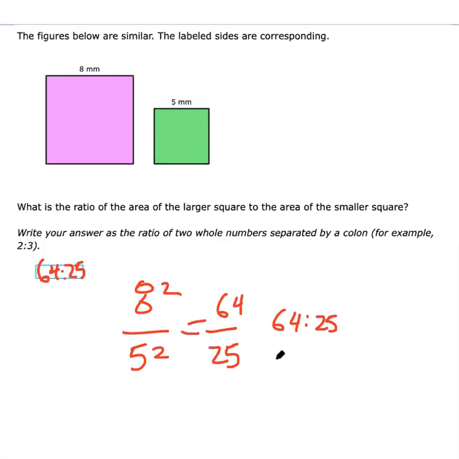Actually, on that one, you can use the square root. So square root of 64, square root of 25, so that'd be 8 to 5.